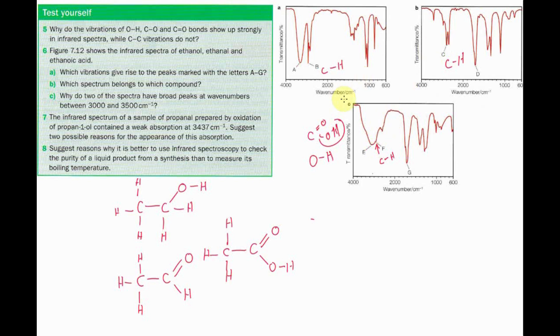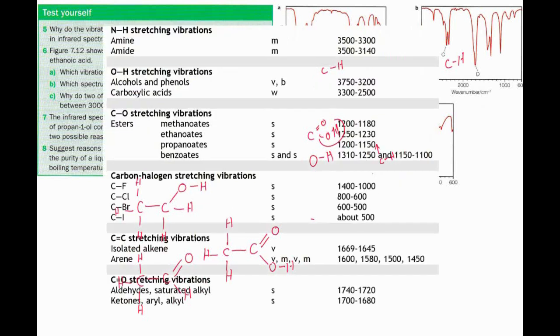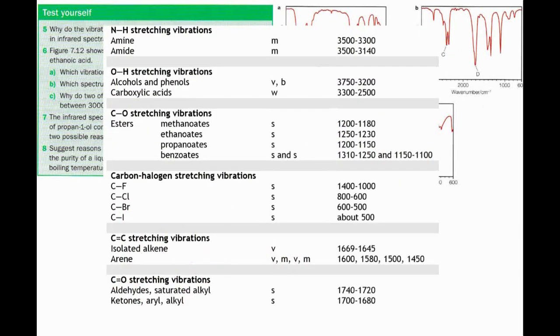The next thing we can look at is the alcoholic OH peak here. If we had a look on our table, we would see that the OH for alcohols and phenols is around 3,750 to 3,200. It's in a similar region to the carboxylic acids.